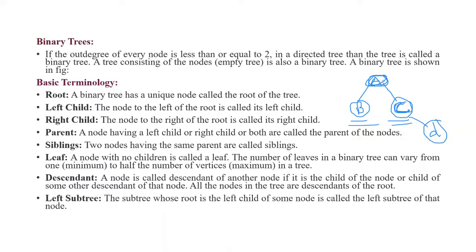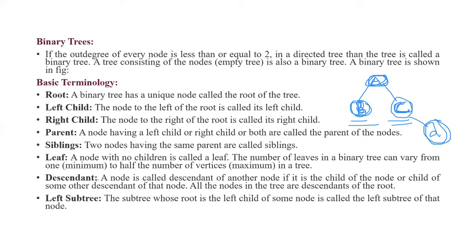Does B contain any children? No, there are no children for B, so B is your leaf node. Same for D: there is no left child or right child present for D, so D is also a leaf node.